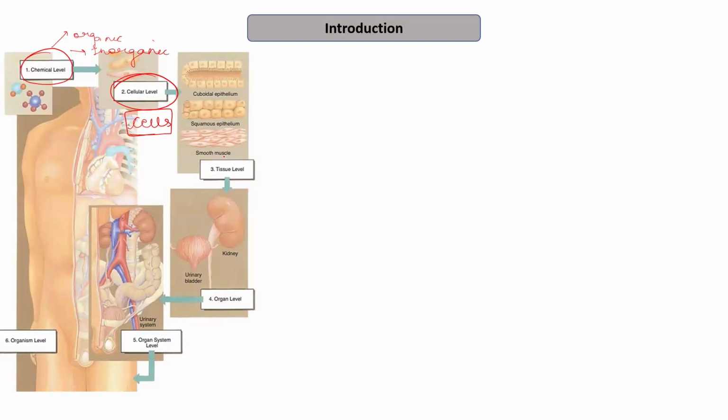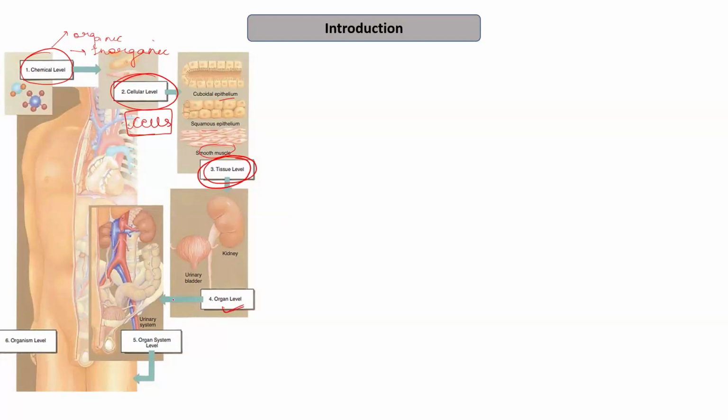After the cells, we have the tissue level of organization, that is a group of cells that are directed to attain a particular structure or to perform a particular function. It can be various types of tissues, for example, epithelial tissues like cuboidal epithelium, squamous epithelium, or smooth muscles, etc. After this, we have an organ level of organization.